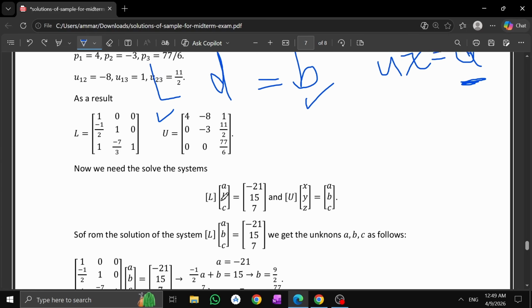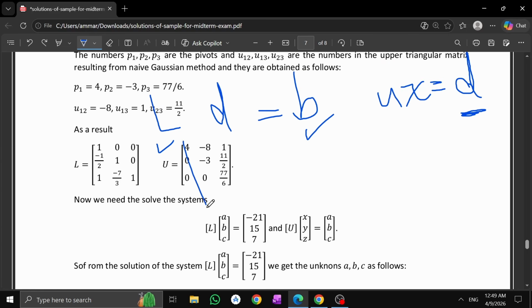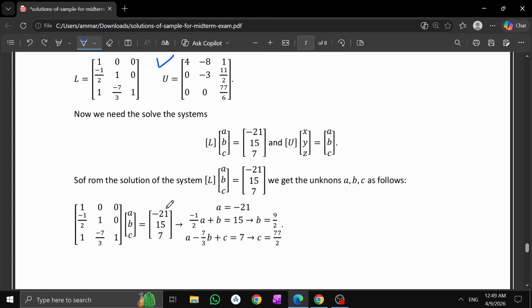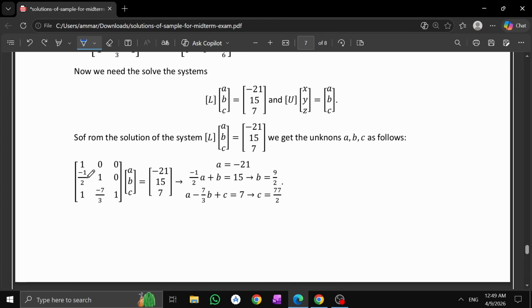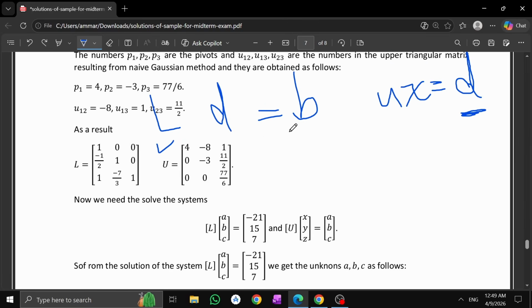This is L, and this is the D that we're talking about, A, B, C, the three unknown values, D1, D2, D3, and this is B, the answers. You're going to take L and multiply it by D, and you're going to get B, the answers.